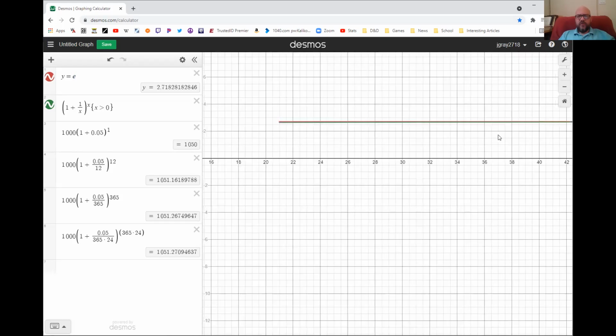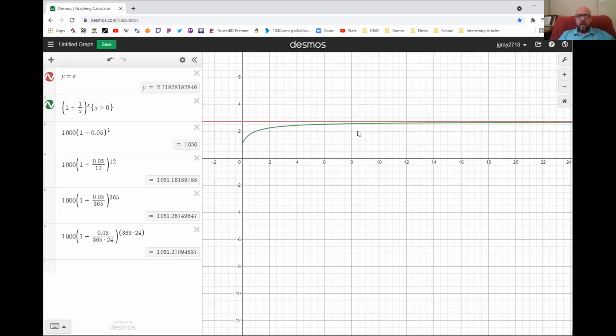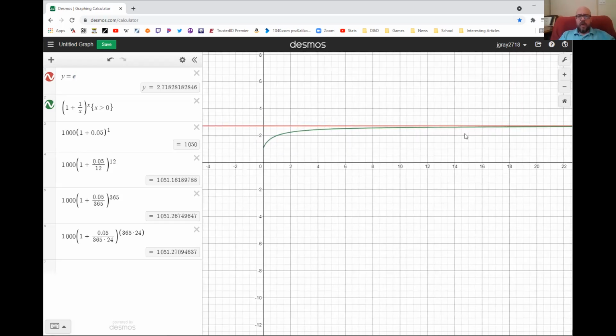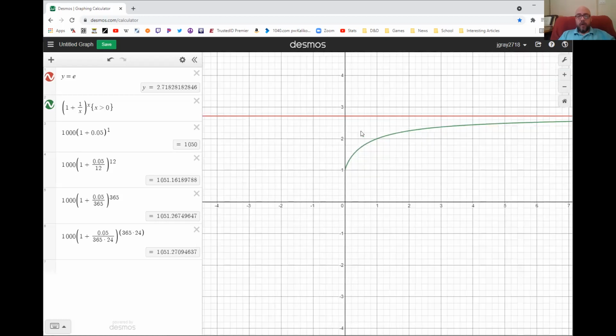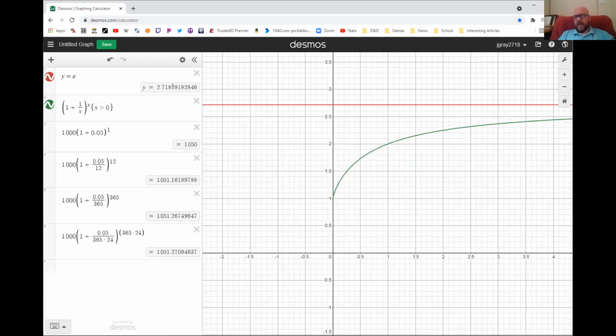And so this is why we care about e, the constant e, which I guess I should introduce a little bit. e is a constant. It's sort of like pi in the sense that it is an irrational number. It just goes on forever without terminating or repeating. Yeah, it's about 2.7.